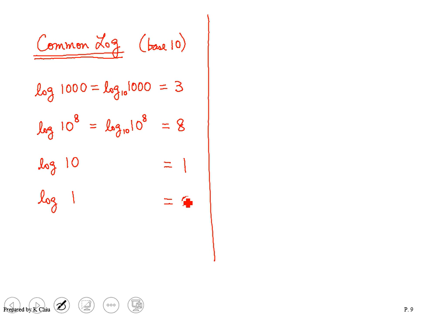Okay. Now that is a common log, and we do see that in our calculator. There is another type of log, very popular. Anybody know? We have the natural log. We love natural.